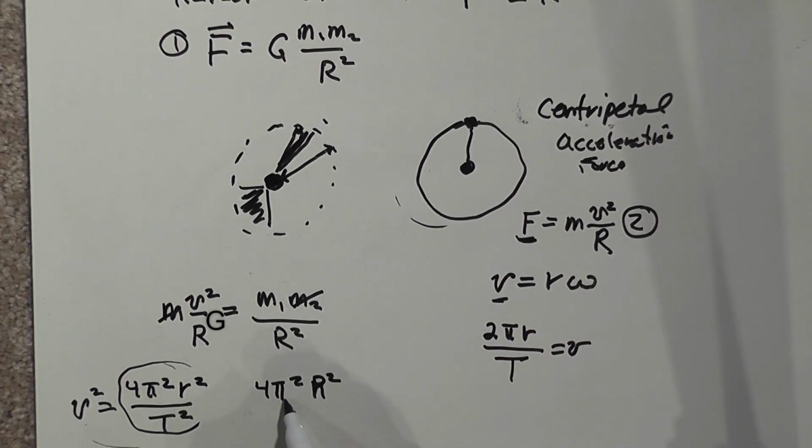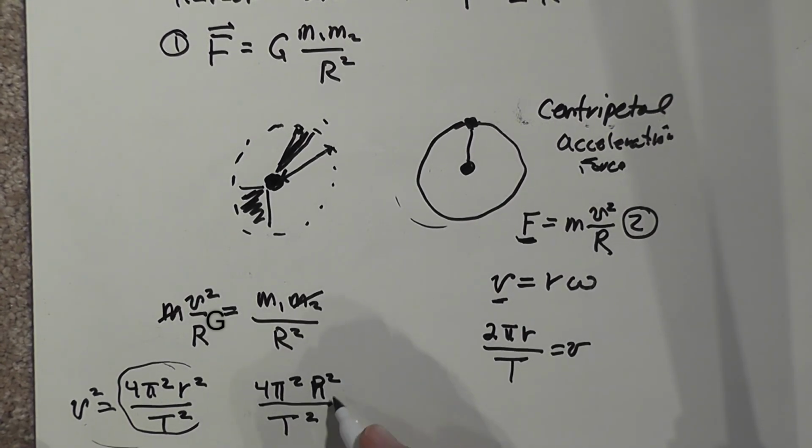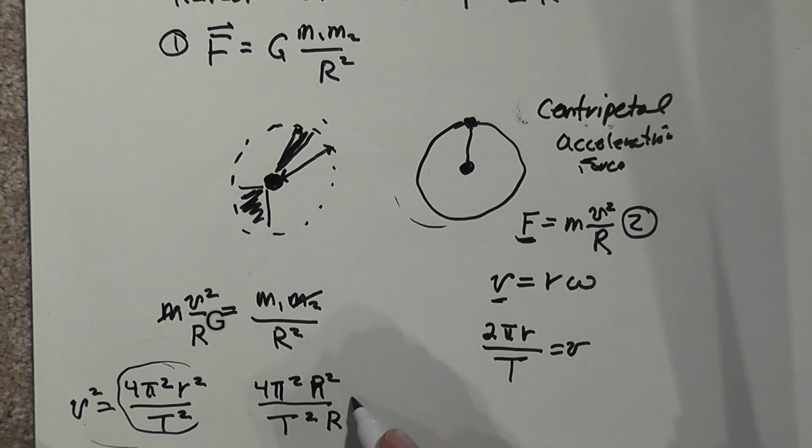So we have 4 pi squared R squared over T squared, and we also have an R on the bottom here. And this is going to be equal to the mass of the primary planet divided by R squared.